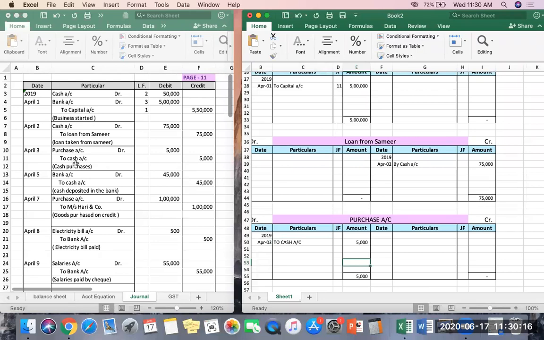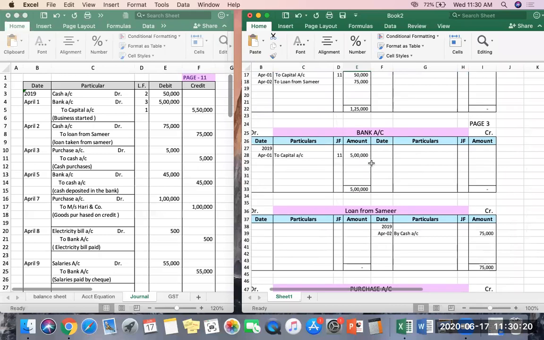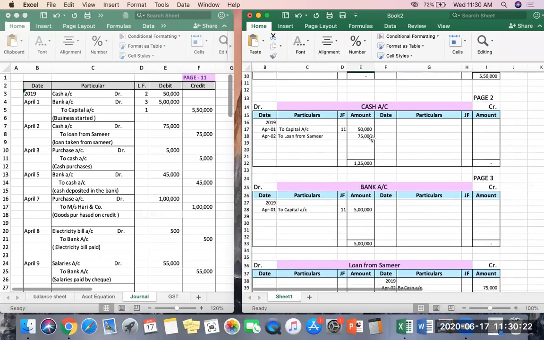Now cash account again. We'll come back to the cash account. This is the cash account. Here, cash account is written on which side, debit or credit? It is on the credit side, which means this entry you're going to write on the credit side.